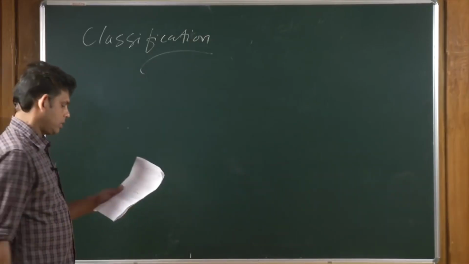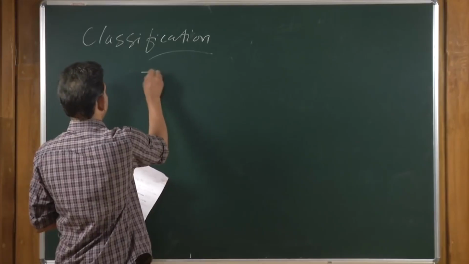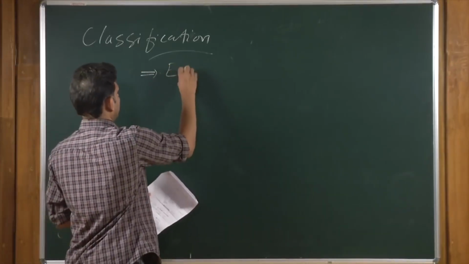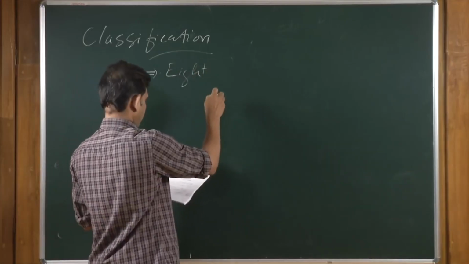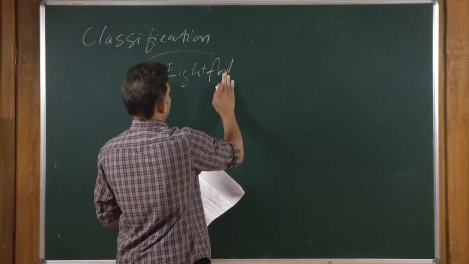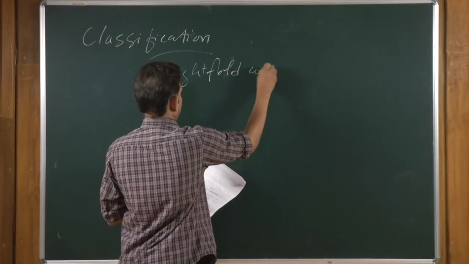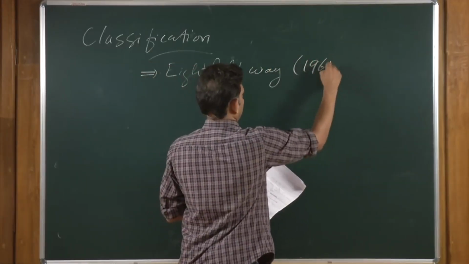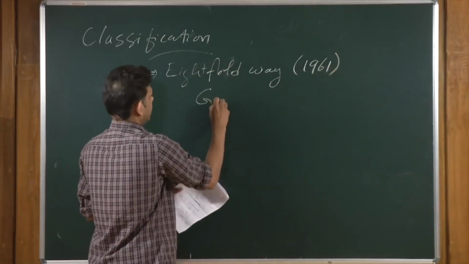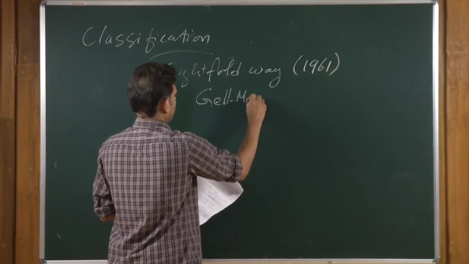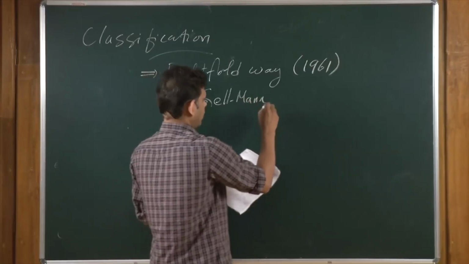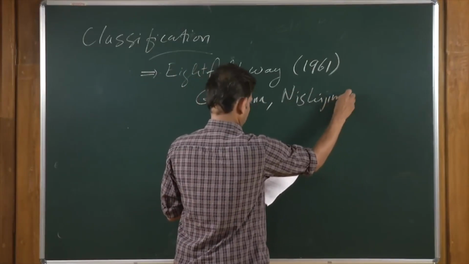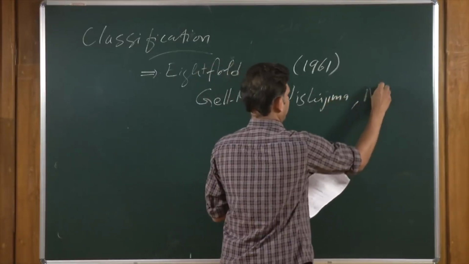Many different ways were tried, and then there is something particularly called the eightfold way of Gell-Mann, Nishijima, and Ne'eman.